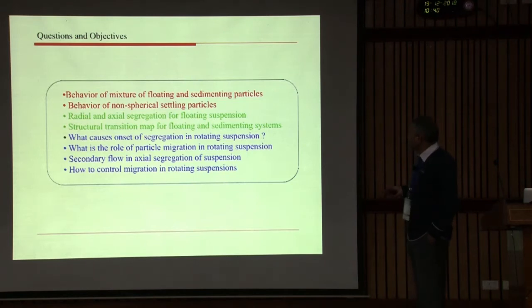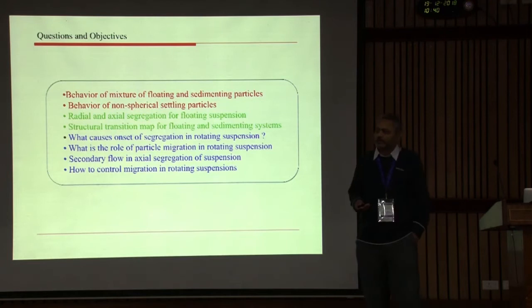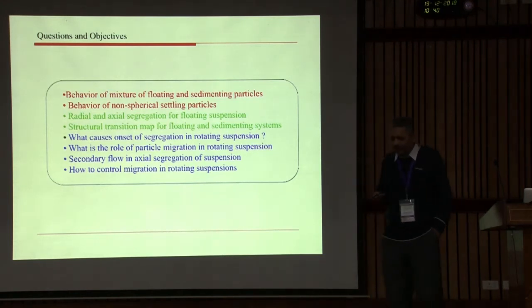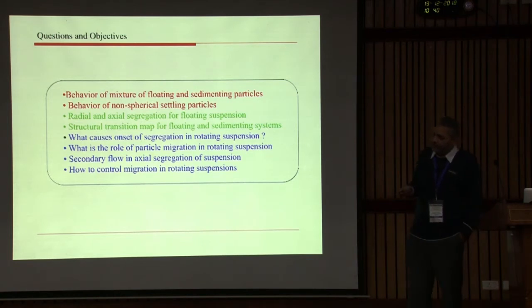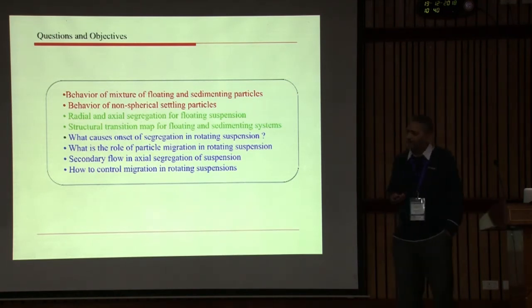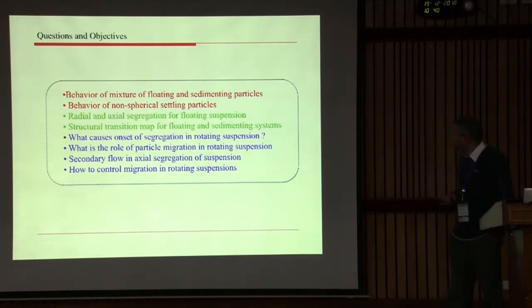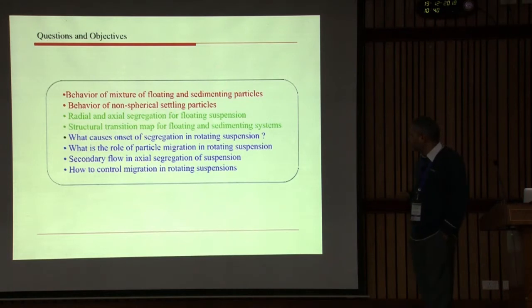However, there were studies which calculated that the shear-induced particle migration rate is too weak, whereas you do see this action happening at a much faster rate. So shear-induced migration cannot be thought of as a reason for the onset of these patterns. So we have looked again into the role of particle migration and secondary flow in rotating suspensions.